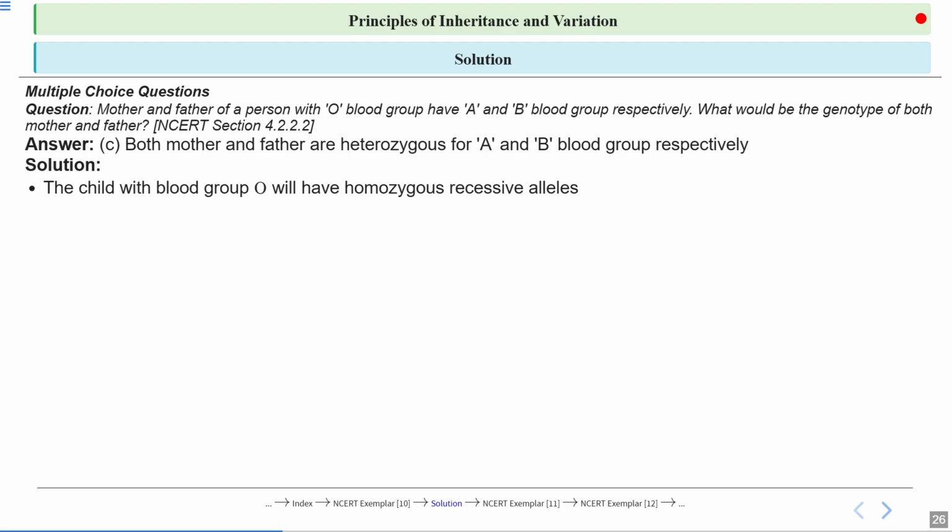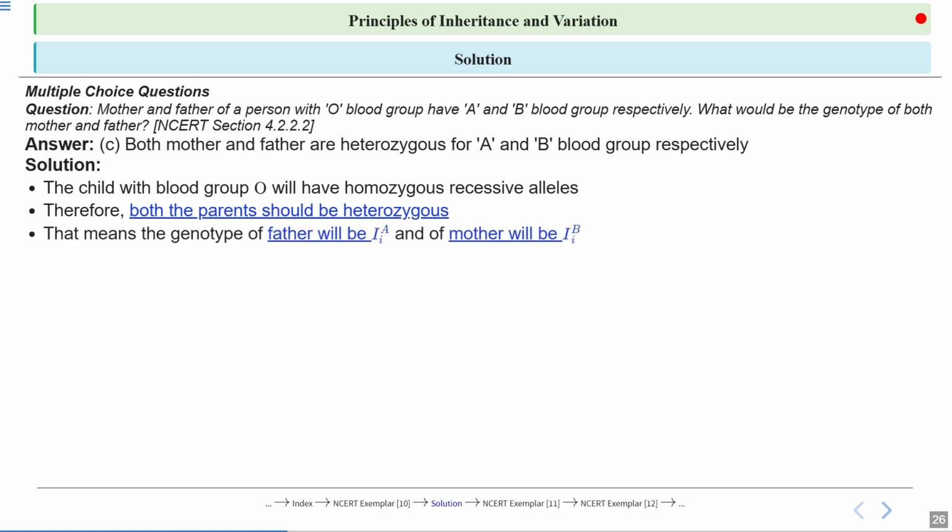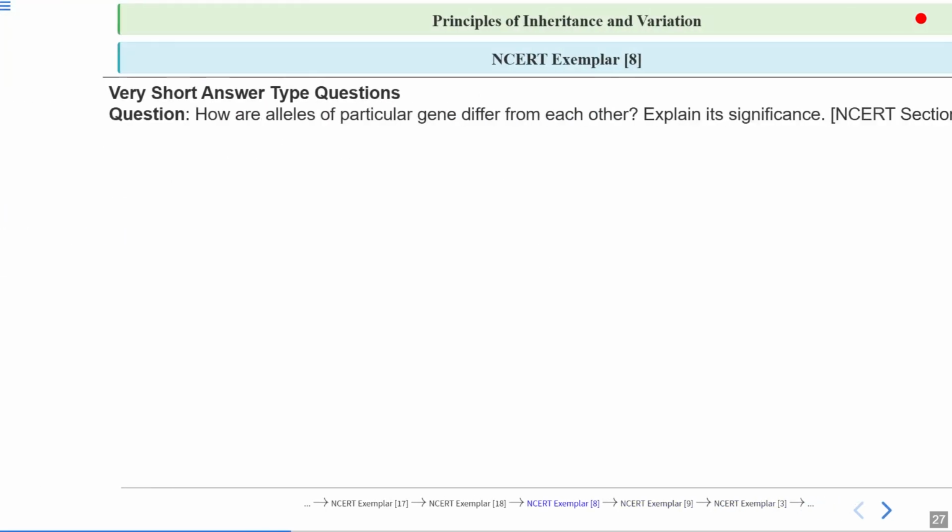This means both mother and father will have at least one i allele. That's why the child is inheriting one i from the father, one i from the mother. So mother and father should be heterozygous for A and B. So the father should be having IA small i, and the mother should be having the genotype IB and small i. Clear?